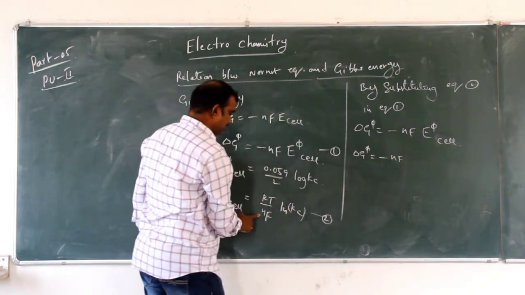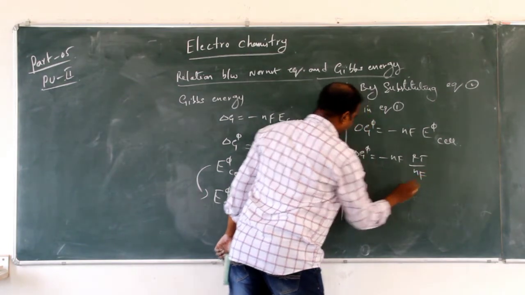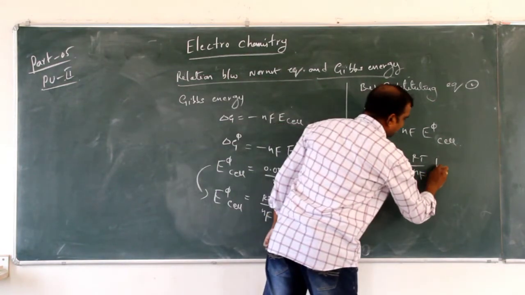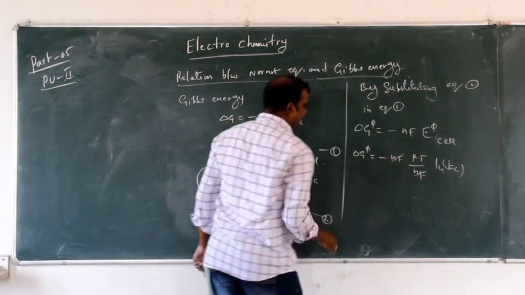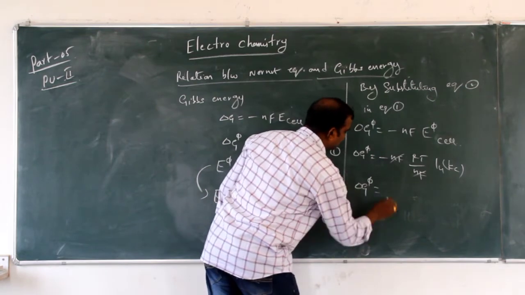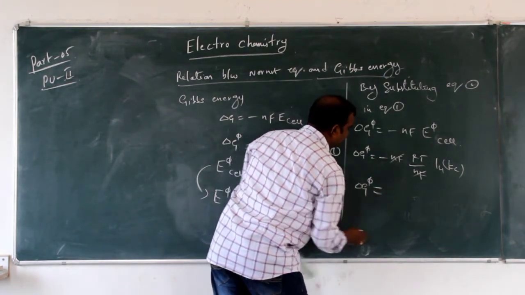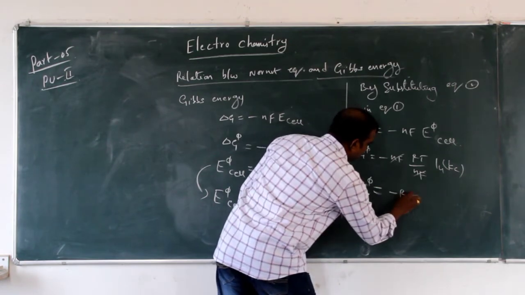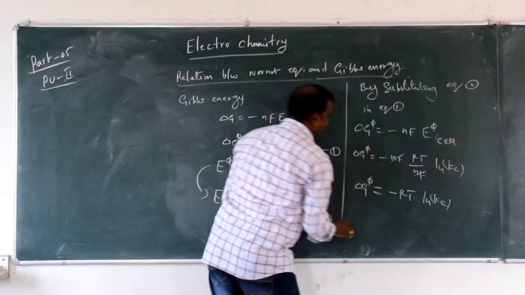What is the E naught cell value? This one, RT by nF into ln Kc. So this nF will cancel. Then the standard Gibbs energy delta G naught is equal to minus RT ln Kc.